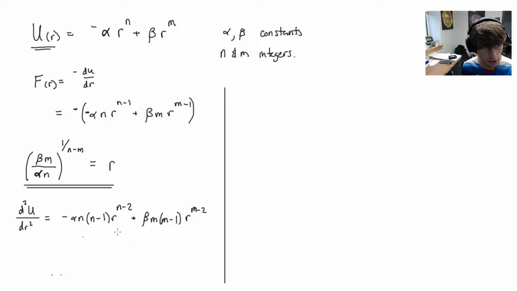So there's our expression, and we want to take this extreme value and substitute it in for r to the n minus 2 and r to the m. All right, that's essentially what we want to do. Let's take this expression and simplify it just a wee bit.